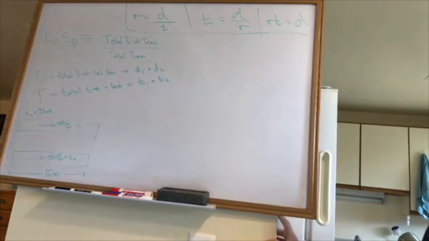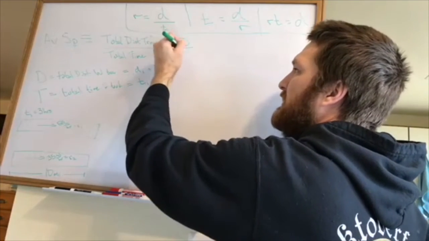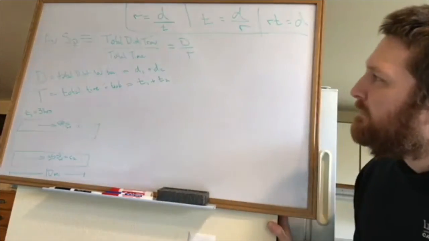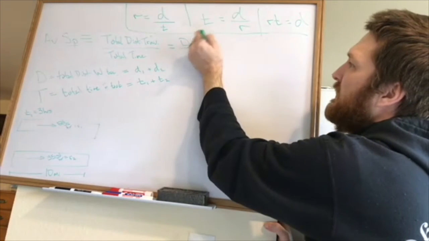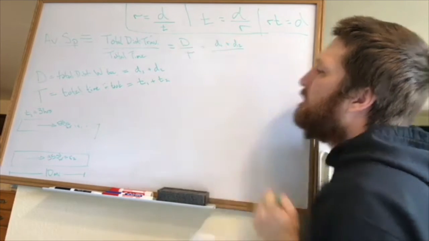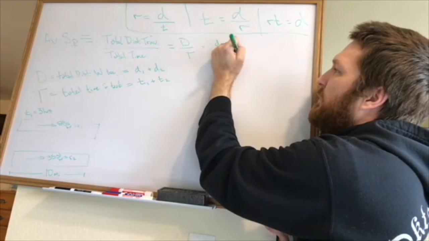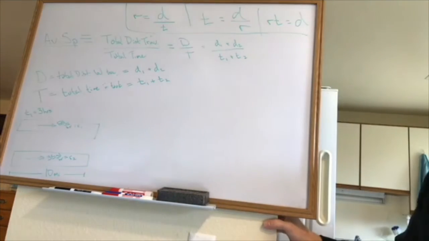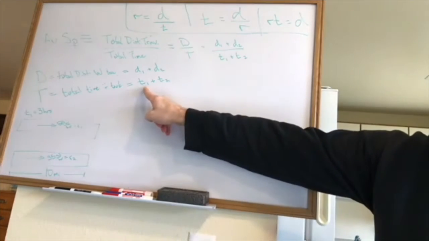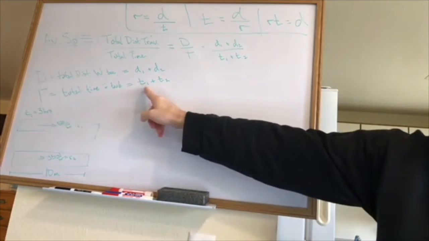Does that make sense, what I'm doing here? It's over total time, so the distance in the first trip plus the distance in the second trip, divided by the time for the first trip and the time for the second trip. We have T1, right? It told us it took 3 hours. So we're done right there.